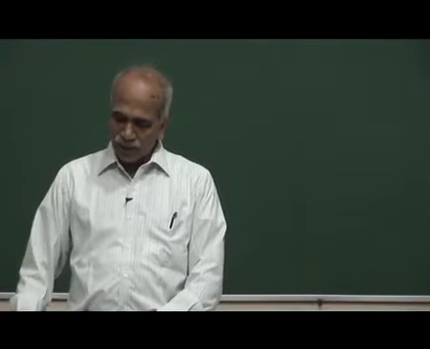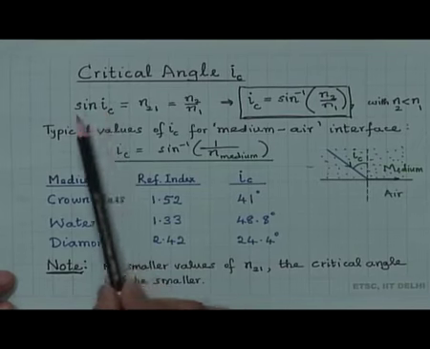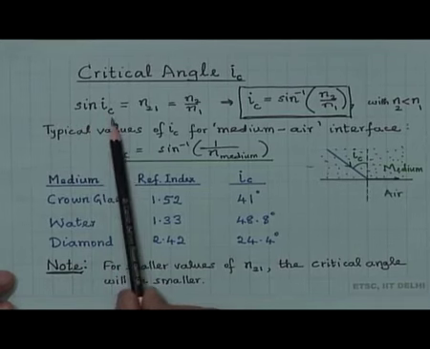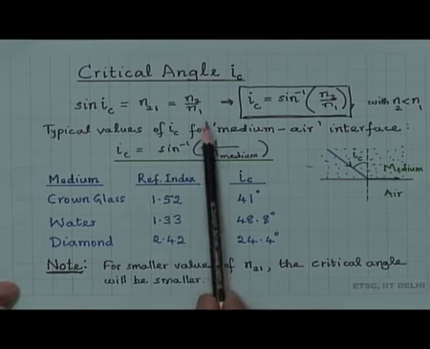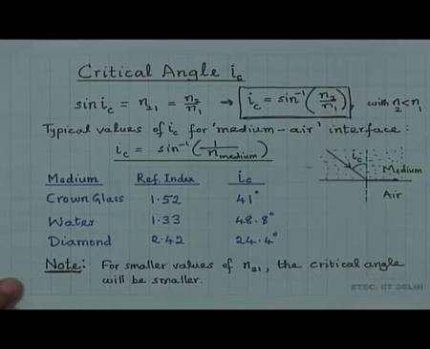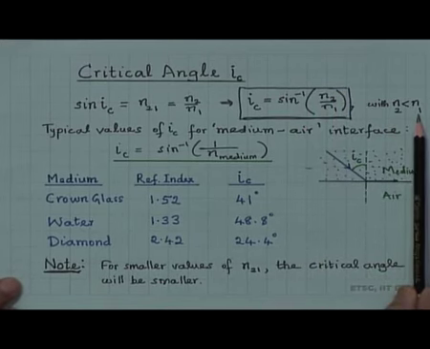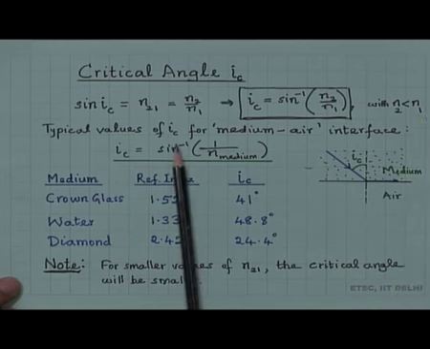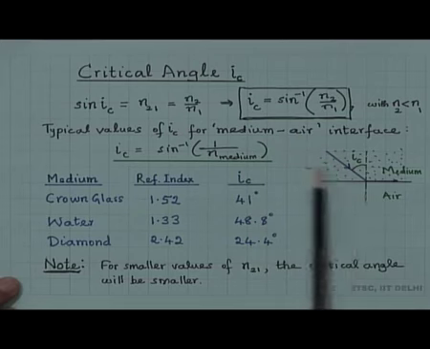Okay. Let us go further. The critical angle IC, which was I3 in my first figure: sin IC is equal to N21, which is equal to N2 by N1, and therefore, IC is equal to sin inverse of N2 by N1, with of course, N2 less than N1. So, for a medium-air interface, we have a medium on one side and air on the other.